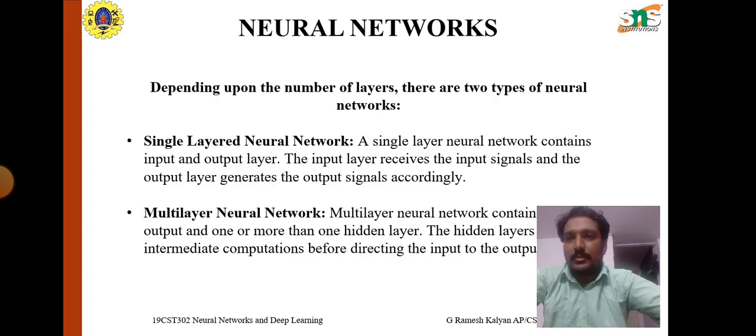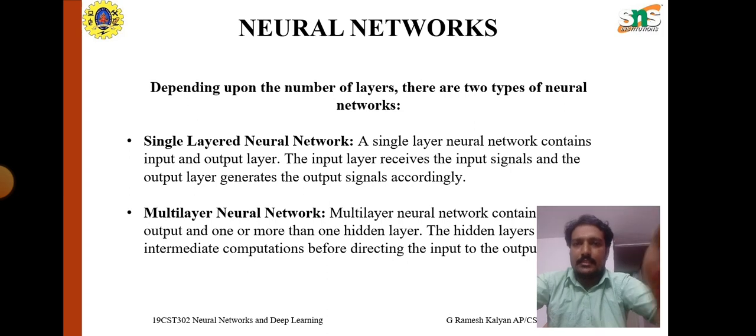Next, depending upon the number of layers, there are two types of neural networks. The first one is the single layer neural network, and the second one is the multi-layer neural network. As I said previously, a single layer neural network has one input layer and one output layer.